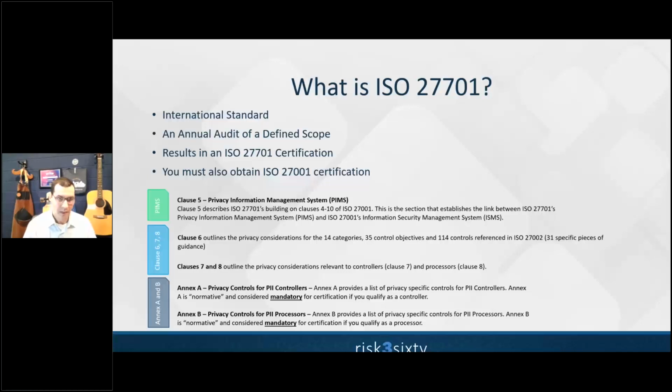And all that's outlined in clause 6. And then clauses 7 and 8 describe the specific privacy controls for controllers, which is clause 7, or processors, which is clause 8. So clauses 7 and 8 provide the detailed implementation guidance. Then Annex A and Annex B just list out the controls.